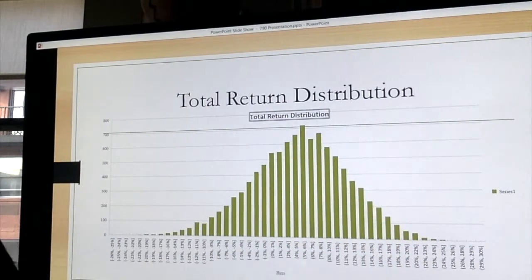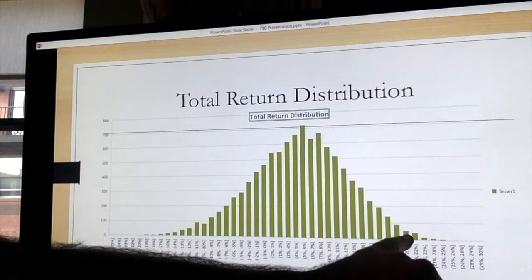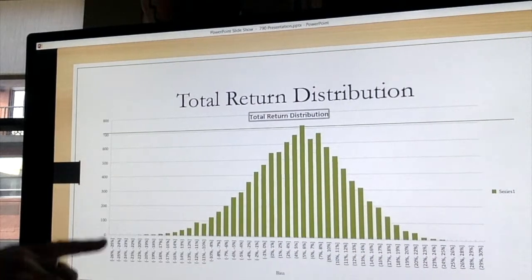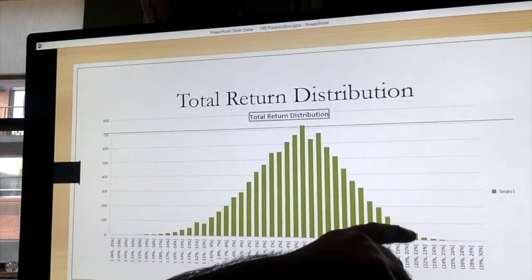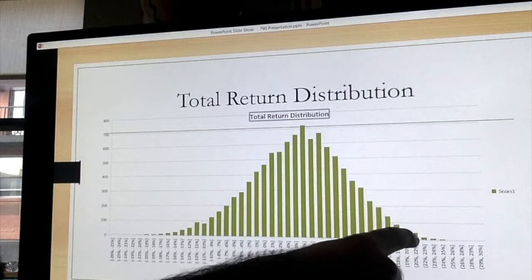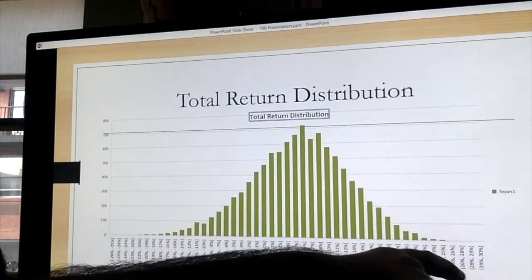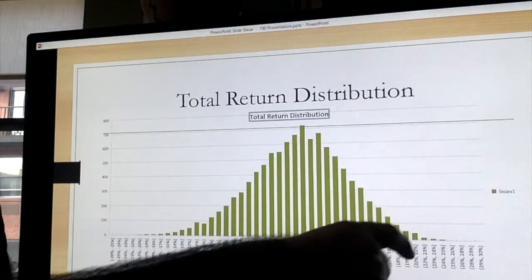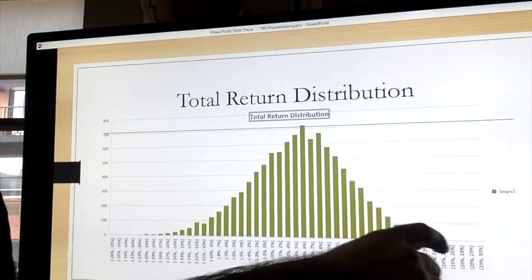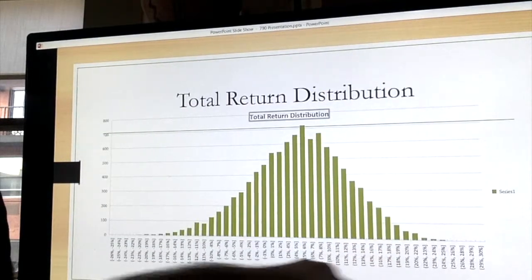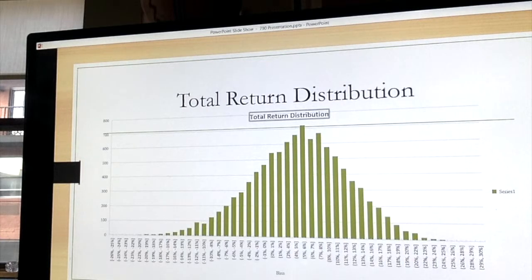On the positive side, which we would like to see more, beyond 20% we have some observations, and we still have around 10 observations out of 10,000 trials at 24%, 25% annual returns.